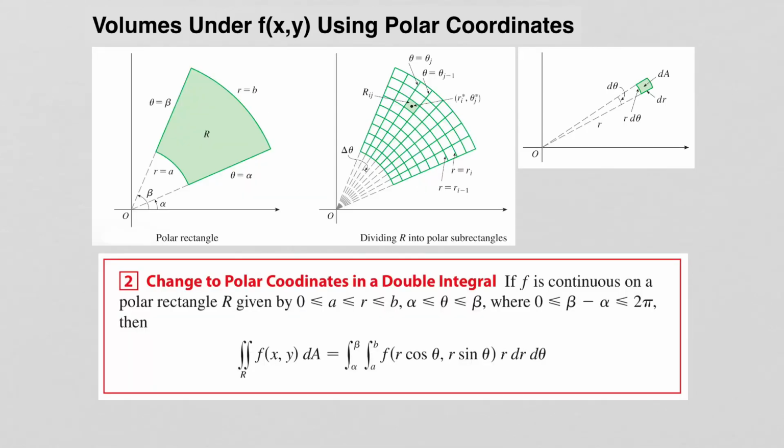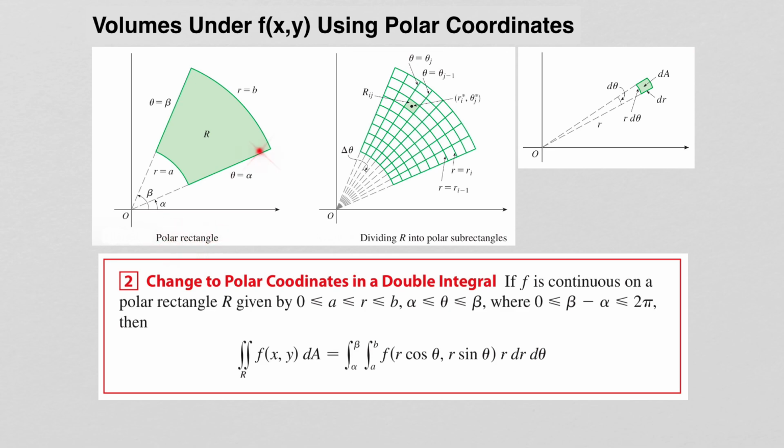So now let's briefly discuss the concept behind finding volumes under a function using polar coordinates. So we're going to have a function z equals f of xy, and let's suppose that the domain we are integrating on is some sort of a polar rectangle.